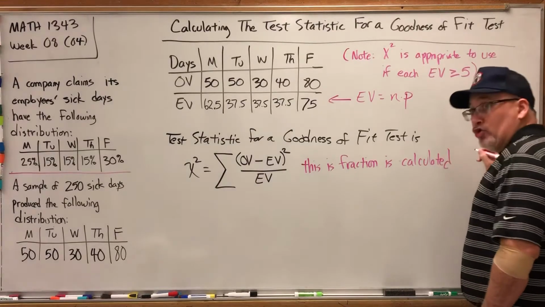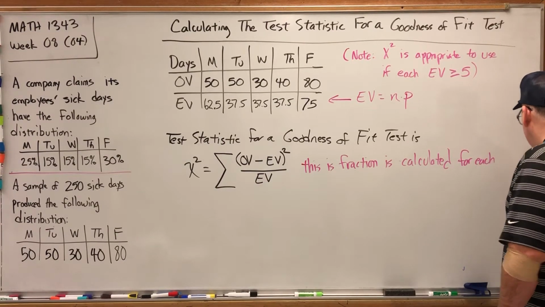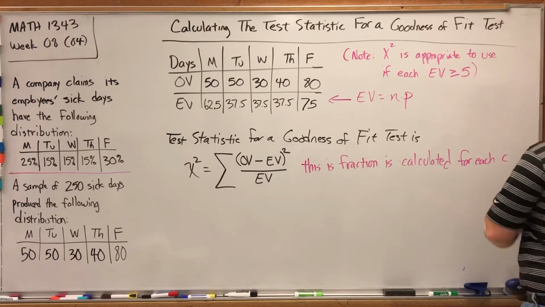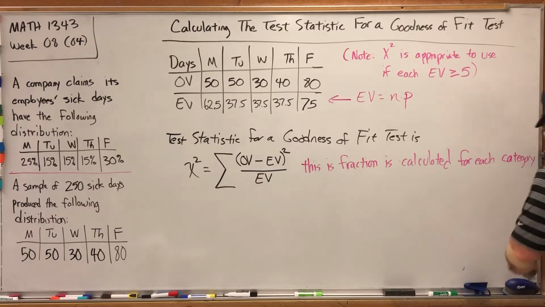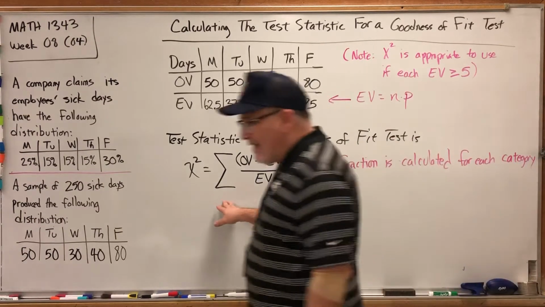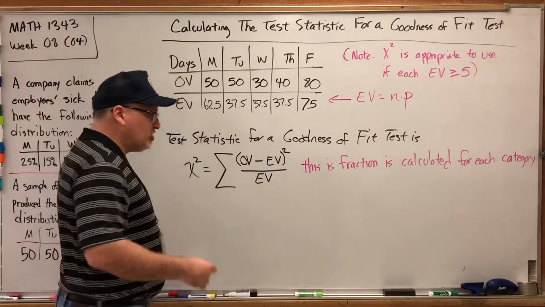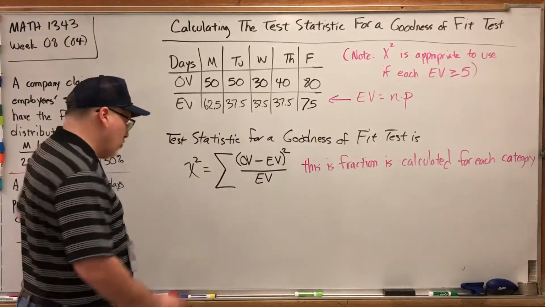So we got some number crunching to do. And just a reminder that this capital sigma means that we're going to find the sum of the results of calculating this fraction for each category.